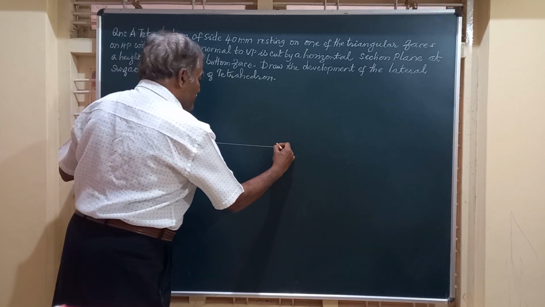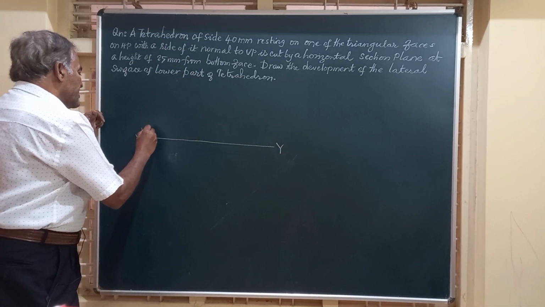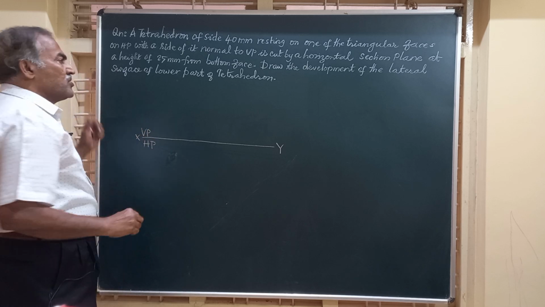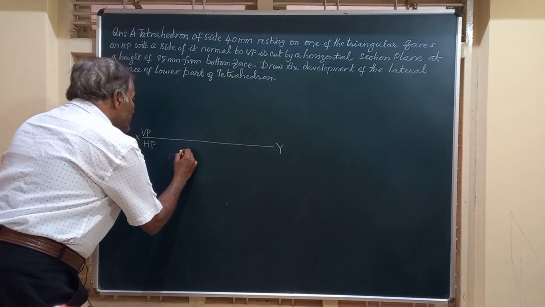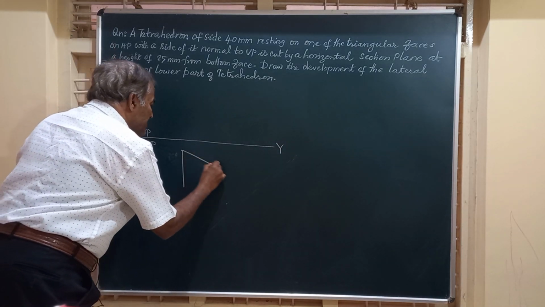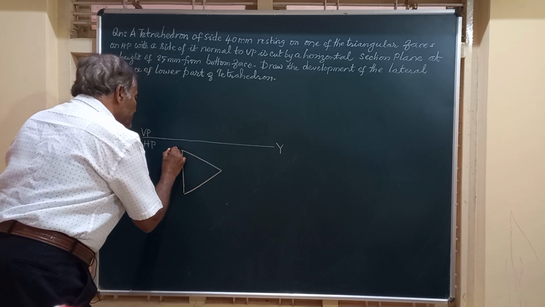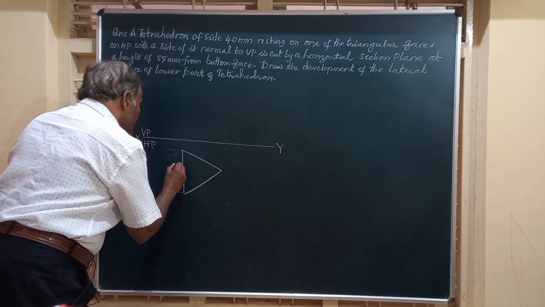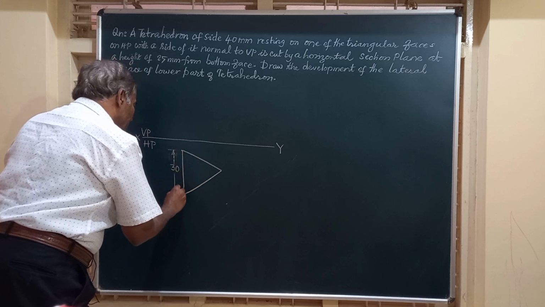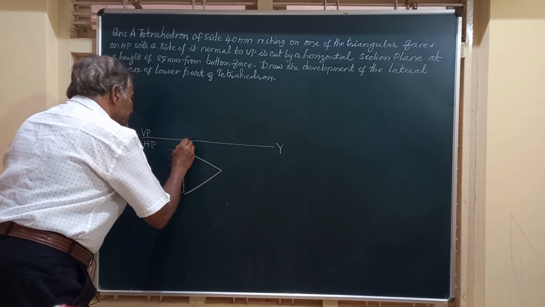So let me mark XY, the line of intersection of VP and HP, and we will mark in the top view an equilateral triangle having side measuring 30 mm. So all these sides measure 30 mm each. So I will mark 30 as the side of the tetrahedron, and we will name this ABC.